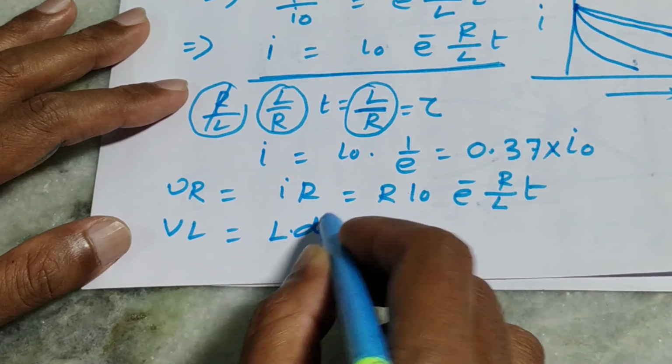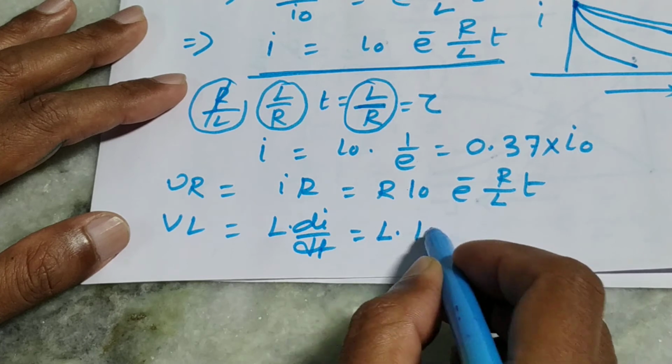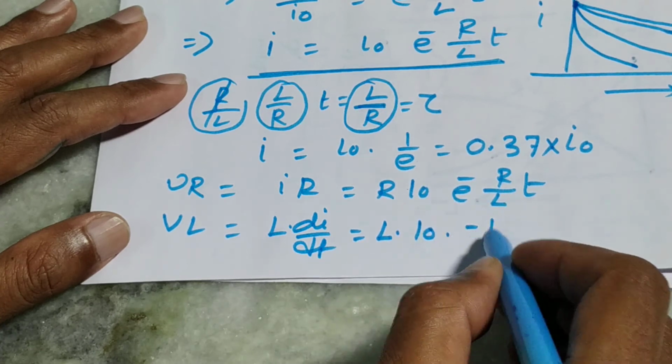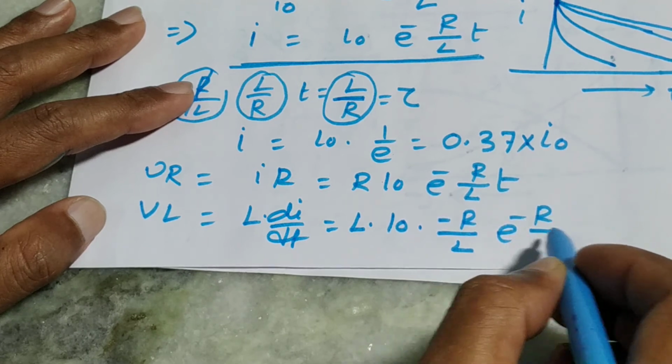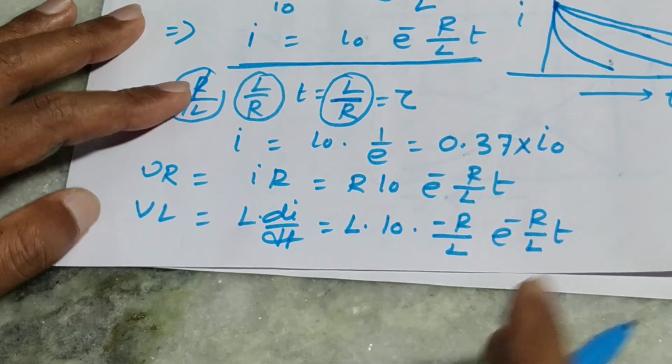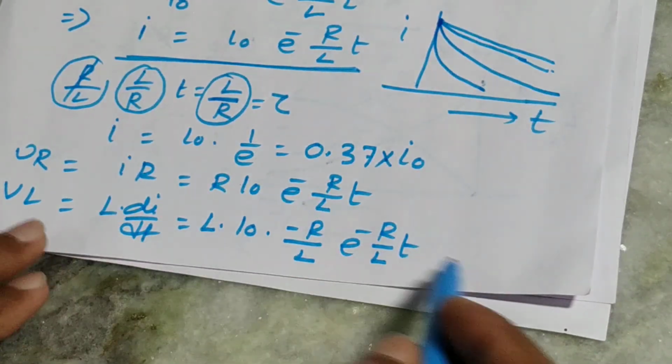This is equal to L I0 into minus R by L exponential minus R by L t. So this is the instantaneous voltage drop.